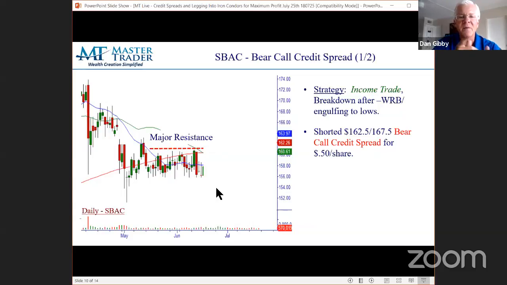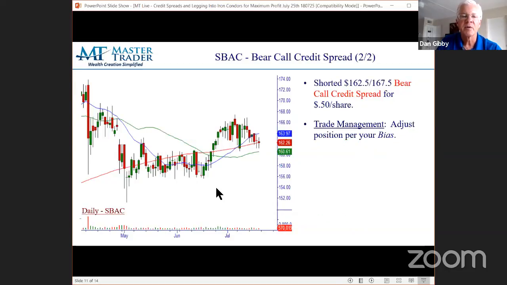And actually, I gave you the wrong strikes there. We actually sold this a whole lot higher on the strike prices. It was like 165, but it doesn't matter. Same analysis here. So full profit if it expires below that, 11% return on capital.